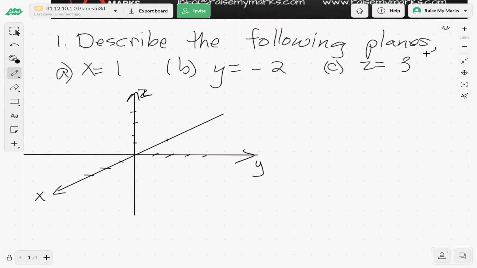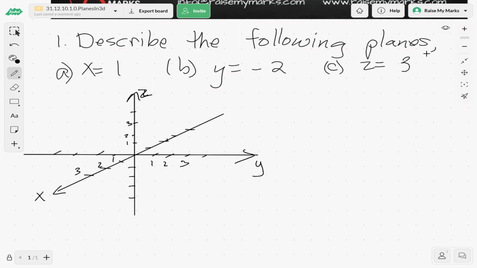Usually the vertical axis represents Z. The horizontal represents Y. And the axis coming out, pointing towards us, is the X axis.